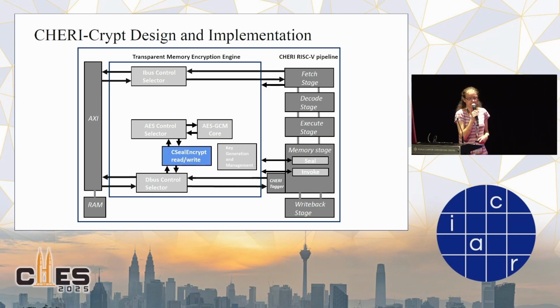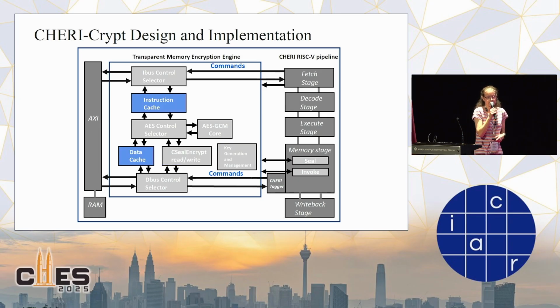There's a CSeal encrypt read-write block, which controls the reading and writing of data to and from the encryption core during the encryption process. And we have two caches, an instruction cache and a data cache, and these are used to temporarily store the partial decryption of both the instructions and the data. They both check the commands on both the instruction and the data buses to make sure that these commands are within the bounds of the current enclave.